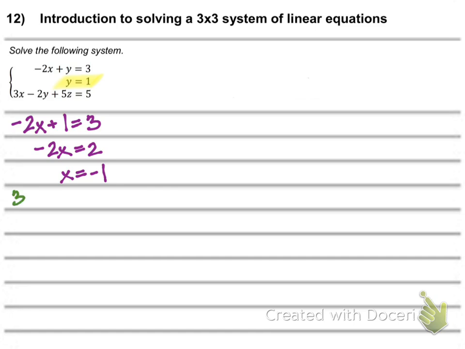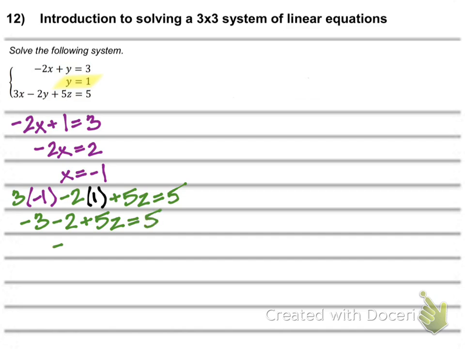So I have 3 times negative 1 minus 2, and they told me that y was 1 at the beginning, plus 5z is 5. So now I can solve that for z. Negative 3 minus 2 plus 5z is 5.